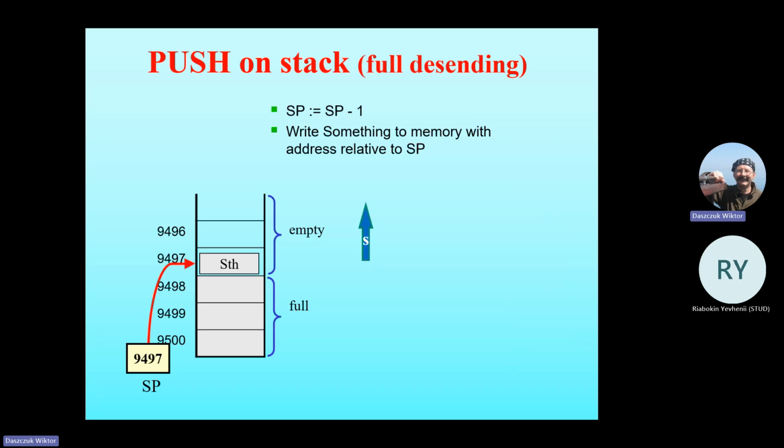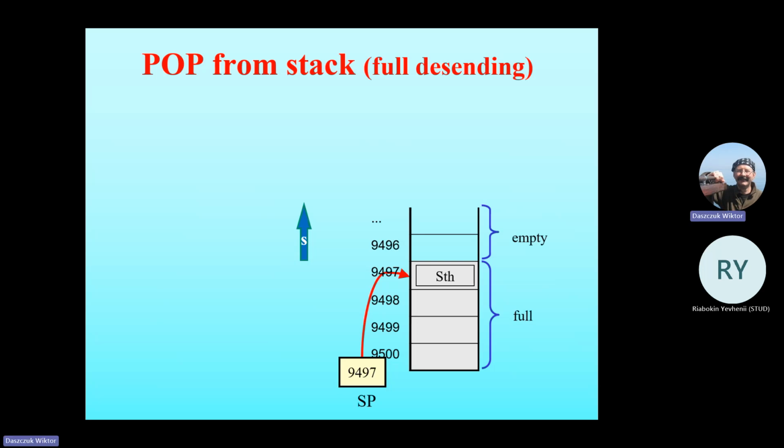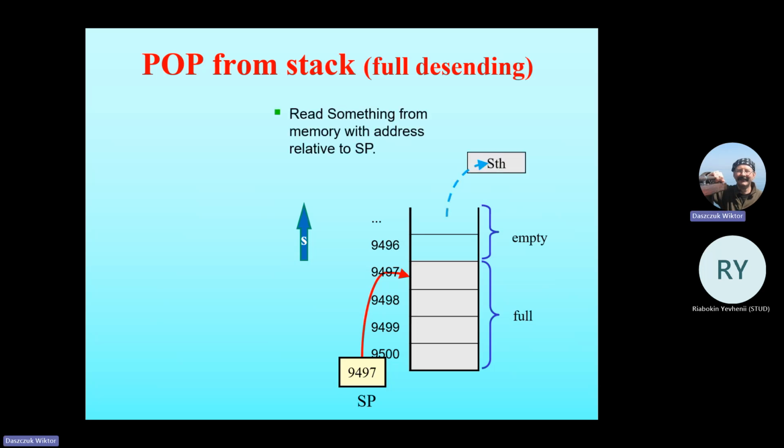And we put something on the stack. So full is now one cell larger, empty is one cell smaller. The pop operation is the reverse. We take something from the stack, it becomes empty, and we move the stack pointer to the higher address. Empty is one cell larger, full is one cell smaller.